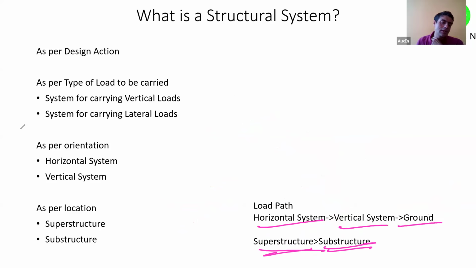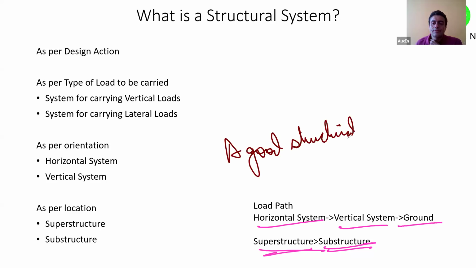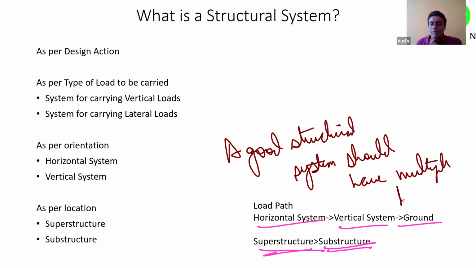So a good structural system should always have what? Multiple load paths. Do you understand? What is the meaning of this? Should have multiple load paths.